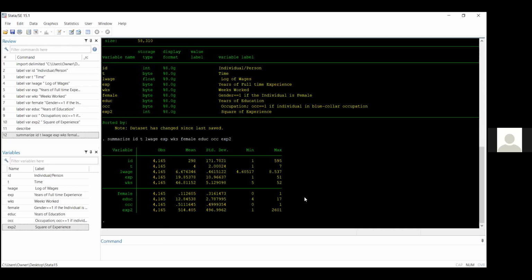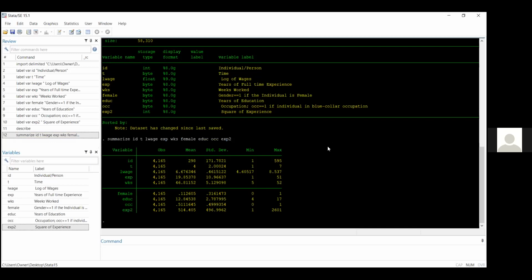First, usually the biggest justification for such a definition is the theoretical foundation behind your argument. You believe that there is a relationship between your dependent variable, which is wage, and experience squared. Theoretically, what does this mean?